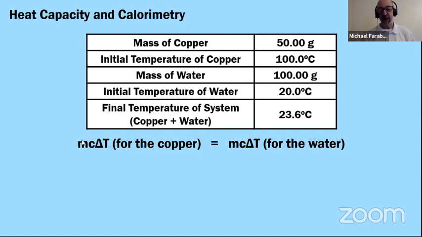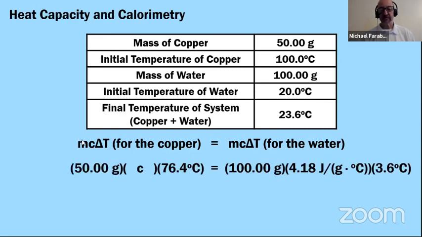We know the mass of the copper is 50 grams. We know that the change in temperature of the copper was 76.4 degrees. We know that the mass of the water is 100 grams. And we know the specific heat capacity of the water that was given to us. And the change in temperature for the water is 3.6 degrees Celsius.